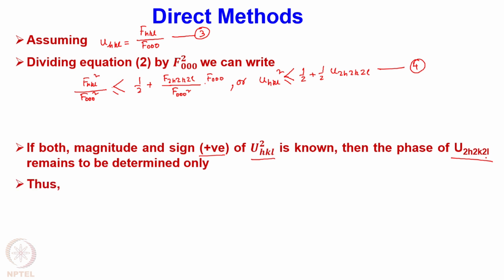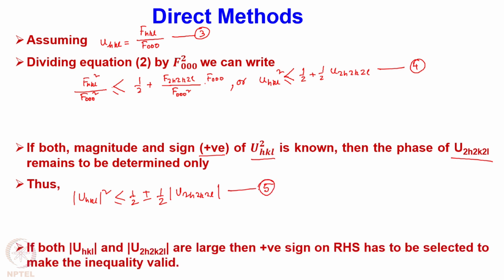So thus, you can write mod of U_HKL square is less than or equal to half plus minus half U_2H2K2L, as equation number 5. So if both U_HKL and U_2H2K2L, that is this and that, are large, then the positive sign on the right hand side is valid to make the inequality work.